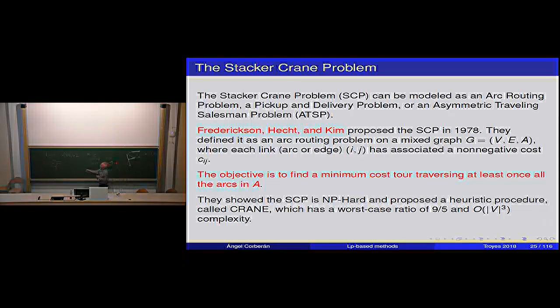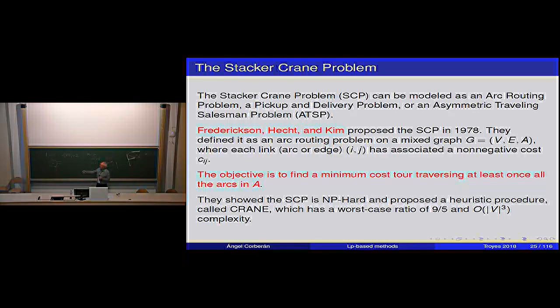This problem can be modeled as an arc routing problem, in the style of what I was mentioning before, as a pickup and delivery problem, I pick up this and I deliver it at a different vertex, or as an asymmetric TSP.